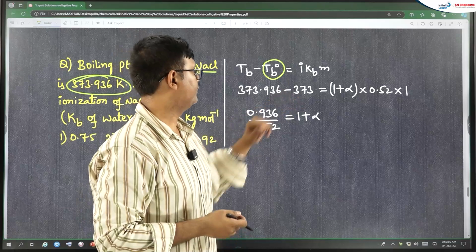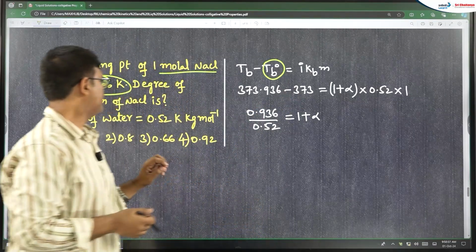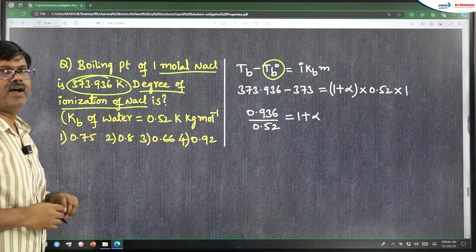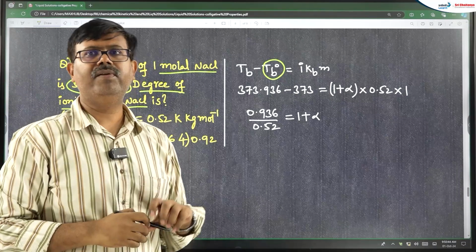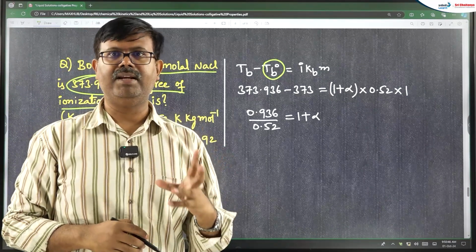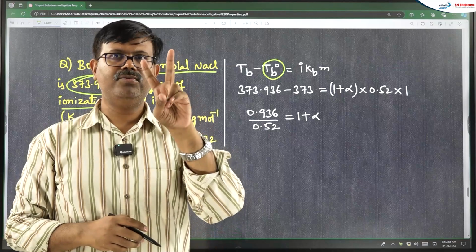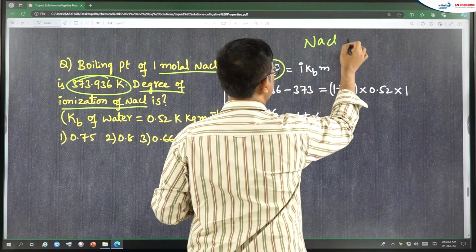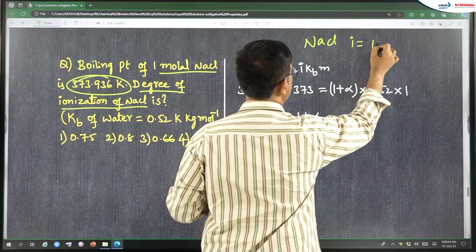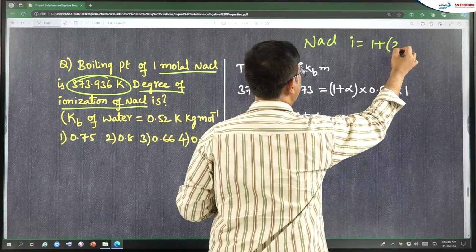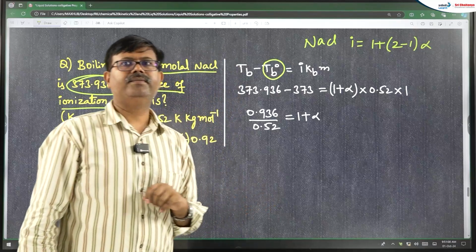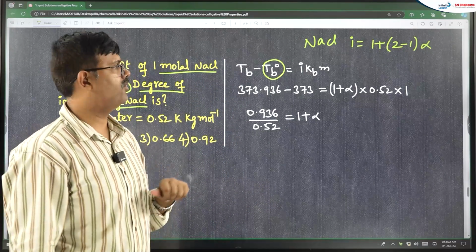Now, since we need to calculate the degree of ionization, that means alpha, we will take Van't-Hoff factor like this for NaCl. NaCl has 2 ions, so can I take Van't-Hoff factor as 1 plus (number of ions minus 1) into alpha. Alpha is degree of ionization.